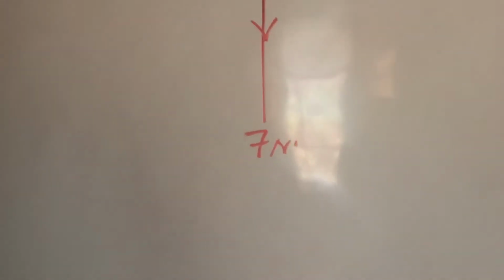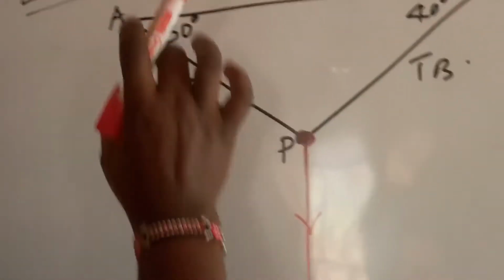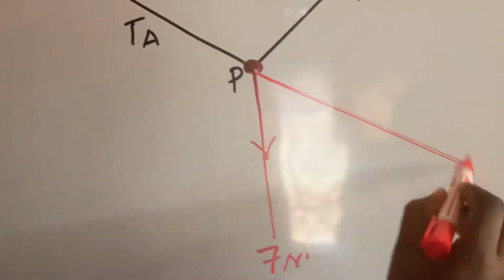And there are two methods we can use to solve this question. For example, the first approach: we can shift the forces. Shifting the forces means we take this force the way it is and we bring it there.